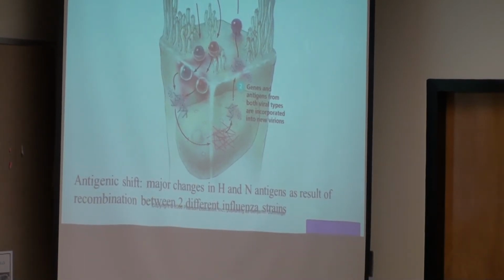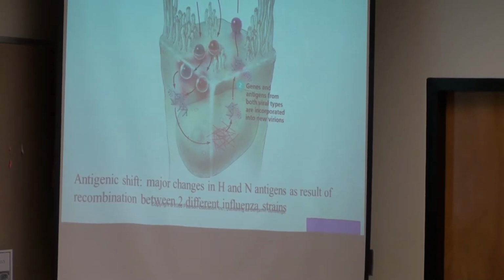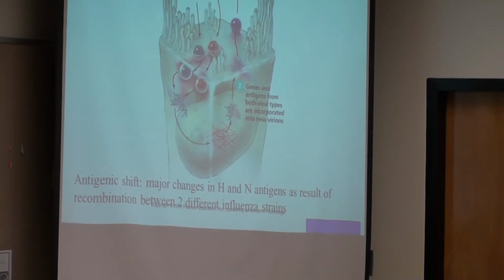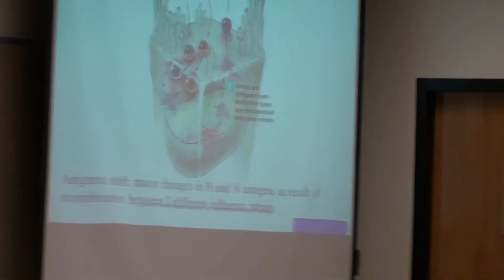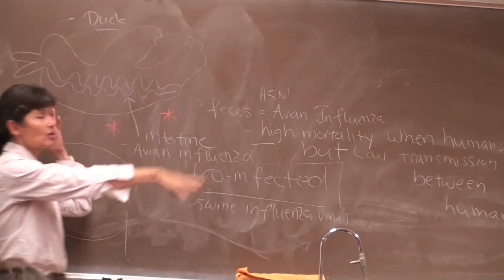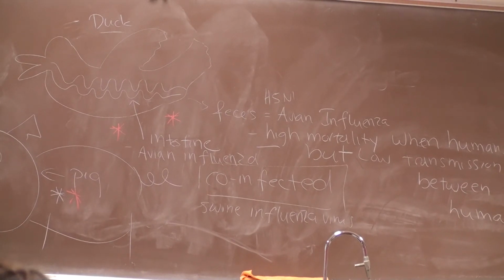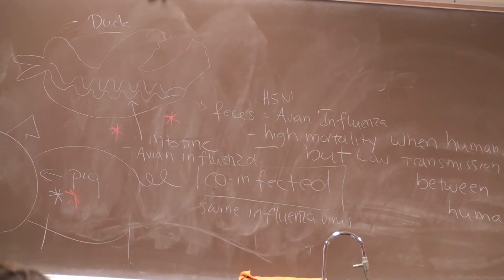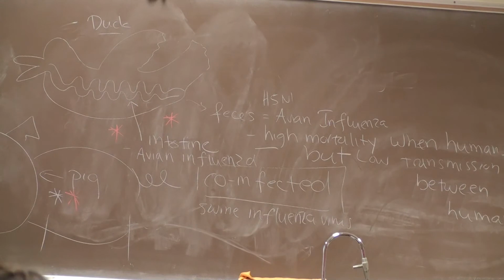Okay, now, just to add a little bit more, you guys, it turns out this is probably happening multiple times around the world, and indeed, what we want to add to this is that we want to remember that pigs have their own influenza virus. So when this happens over and over again, you can get recombination between human strains, avian strains, and swine influenza strains.